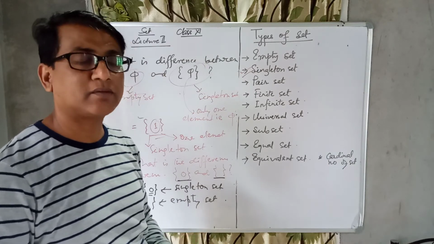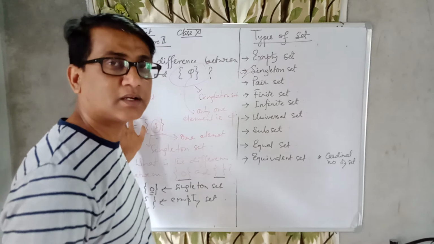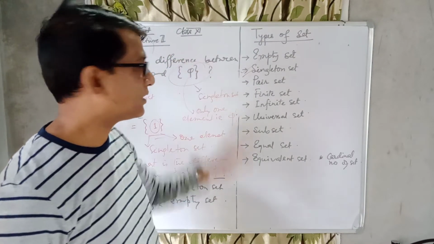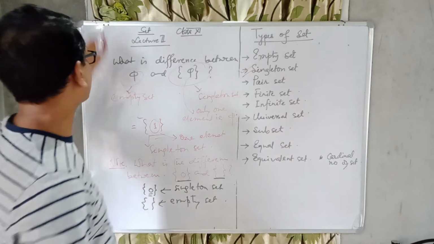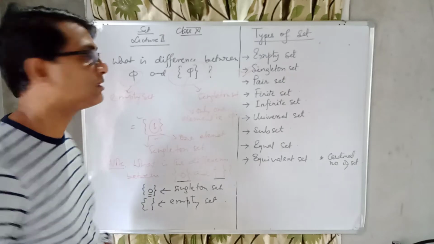So this way you can differentiate them. Okay, clear? So empty set is clear, singleton set is clear.